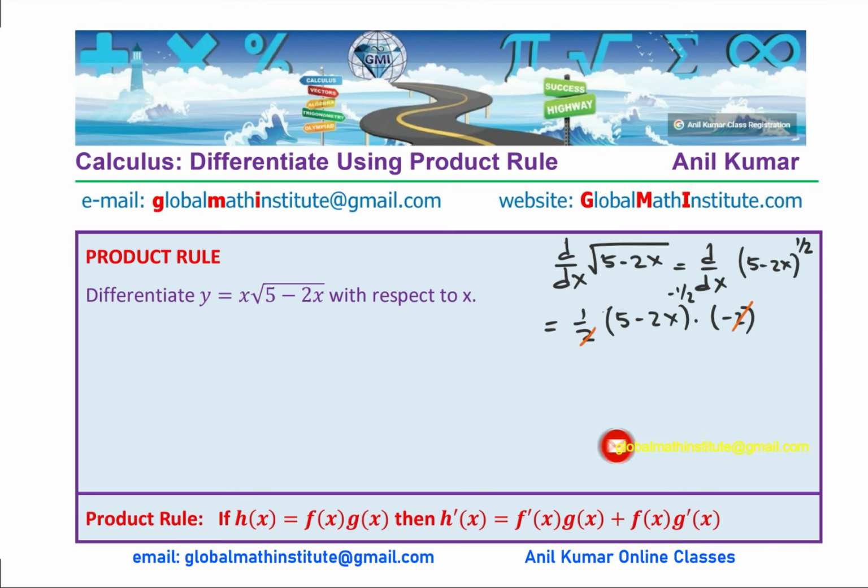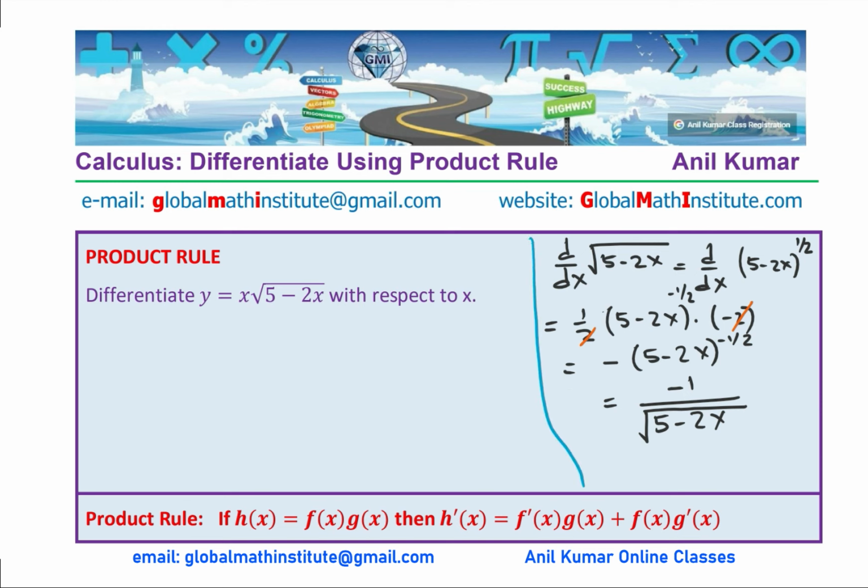What you get here is minus of 5 minus 2x to the power of minus half, which can be written as minus 1 over square root of 5 minus 2x. So I did it on the side to show you how we get this result, finding the derivative of square root of 5 minus 2x, correct?